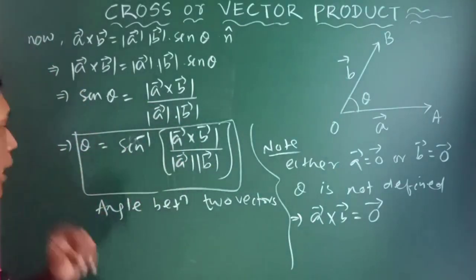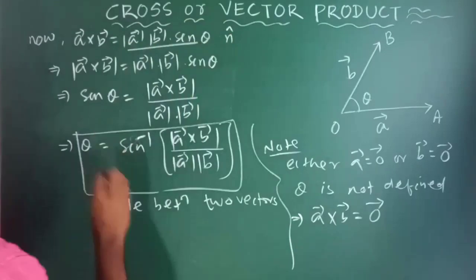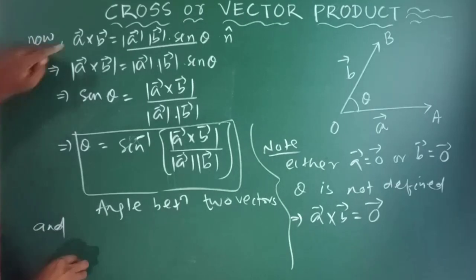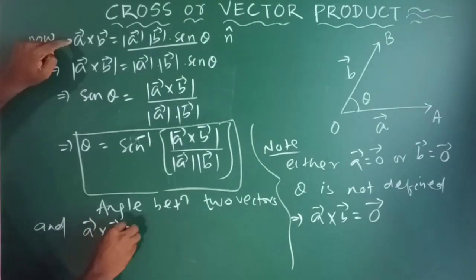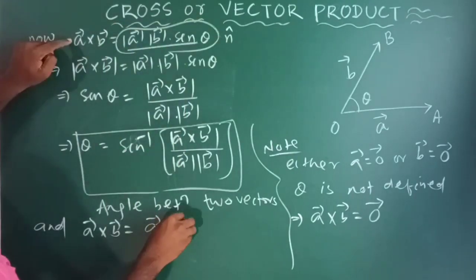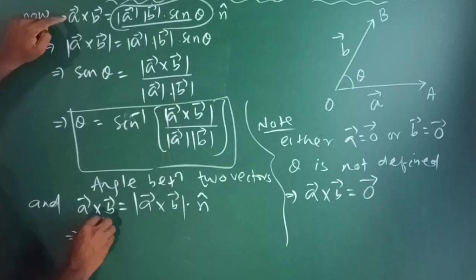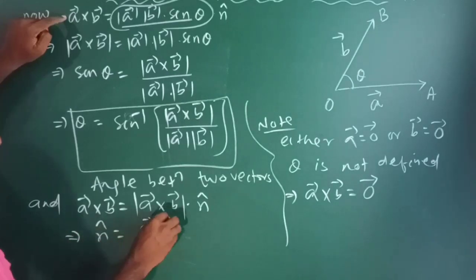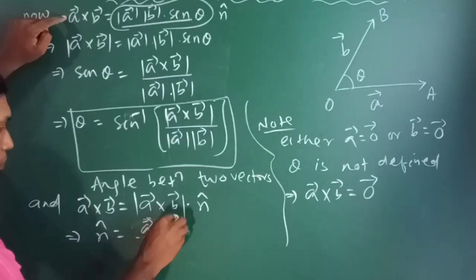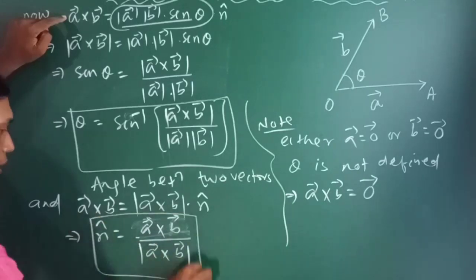Again, we have A cross B equal to AB sin theta into n cap, and this is the magnitude of A cross B. From here, A cross B vector is the magnitude of A cross B into n cap, which implies n cap is A vector cross B vector by magnitude of A cross B. This is your n cap.